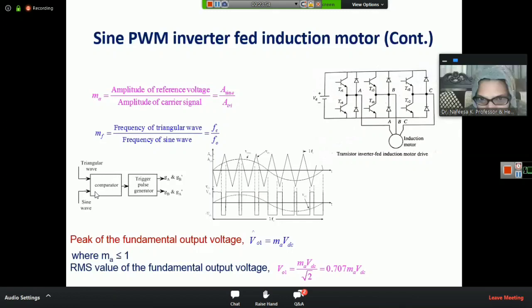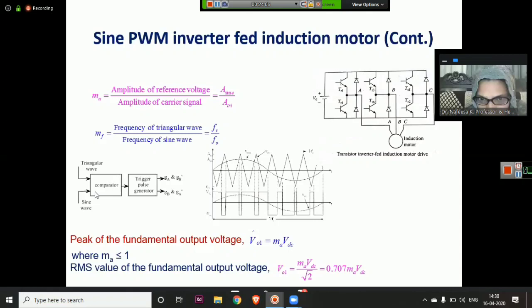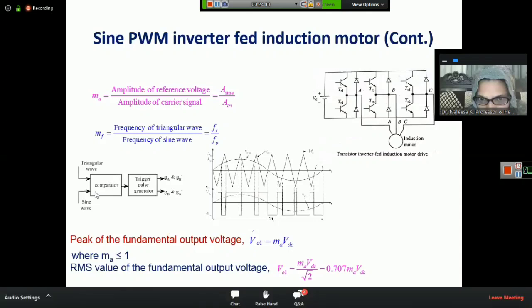If it's possible. actually, thank you. PWM inverter applications learning, we will see the PWM.